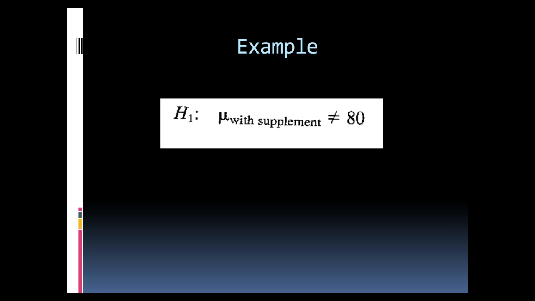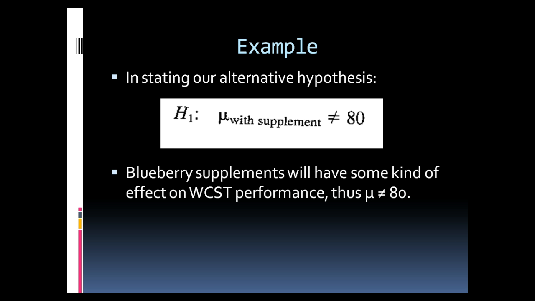So the H sub 1, or the alternative hypothesis, would be H sub 1: mu with supplement does not equal 80. That there's some kind of effect on the performance, thus the mu is not 80. Now this is a non-directional test because it's just stating it's not 80. Now, can you state a directionality? Yes, definitely.